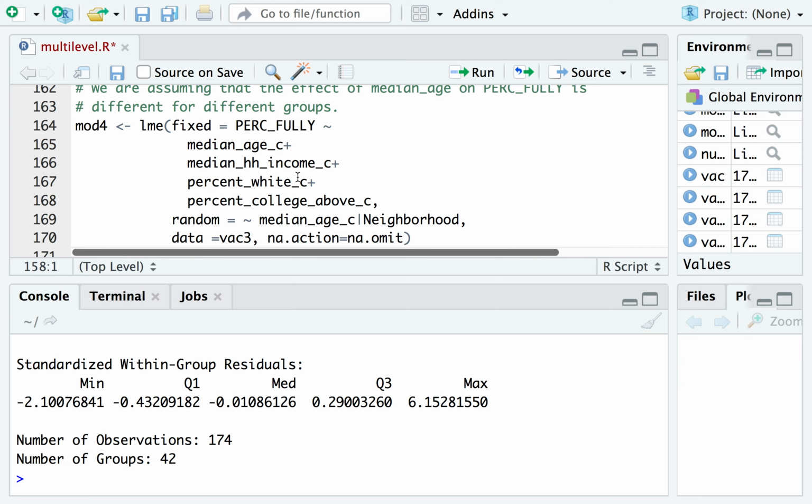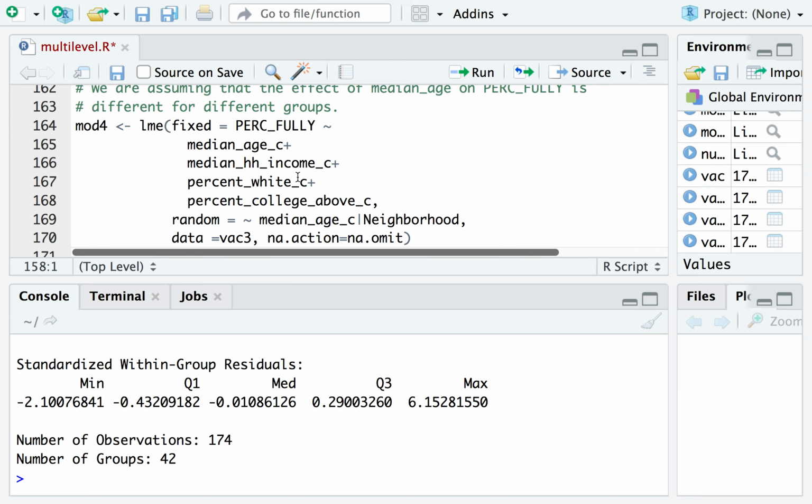Now let's say you weren't particularly interested in adding a level 2 predictor. What I'm adjusting now is not only am I letting the intercept vary across groups, but I'm also allowing a specific slope to vary across groups.